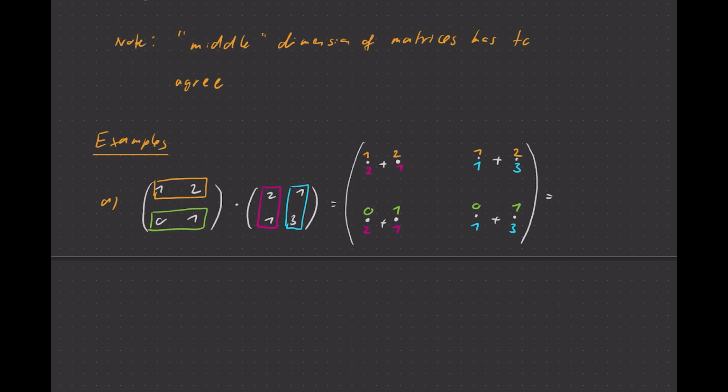So we get a 2 by 2 matrix again, and the results are, well, here we have 2 plus 2, that's a 4. Here we get 0 plus 1, that's a 1.